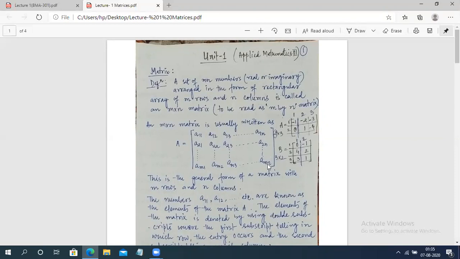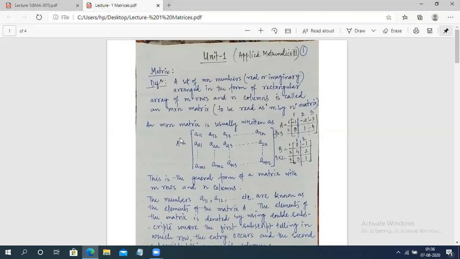So a matrix of order m by n has m rows: the first row, second row, third row, and so on up to the mth row, and n columns: the first column, second column, third column, and so on up to the nth column. So we write a matrix.